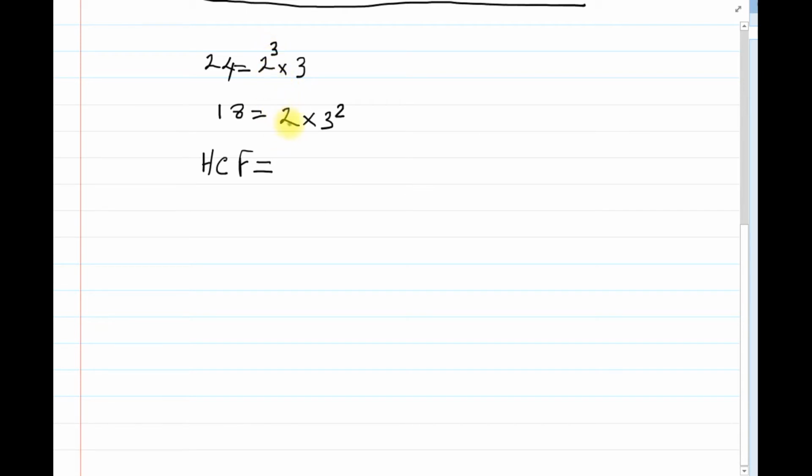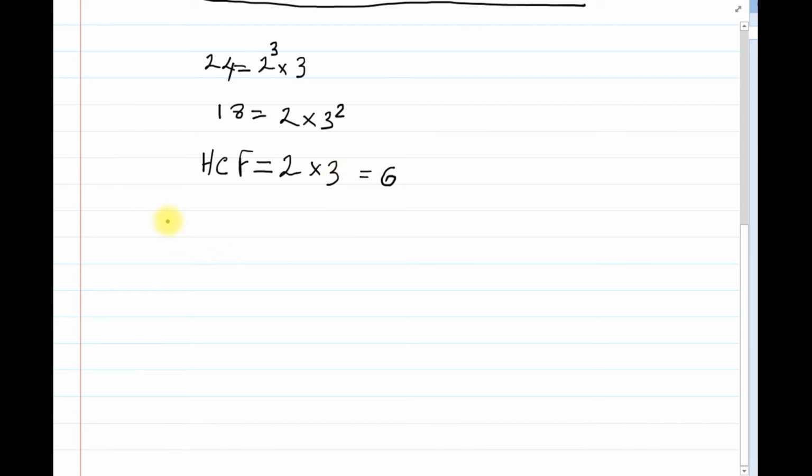We take the one with the lowest power index, so it will be 2 to the power 1, which we don't write the 1. So it's 2. Then the next common factor is 3, and we take the one with the lowest index, which is 3. So the HCF will be equal to 6.